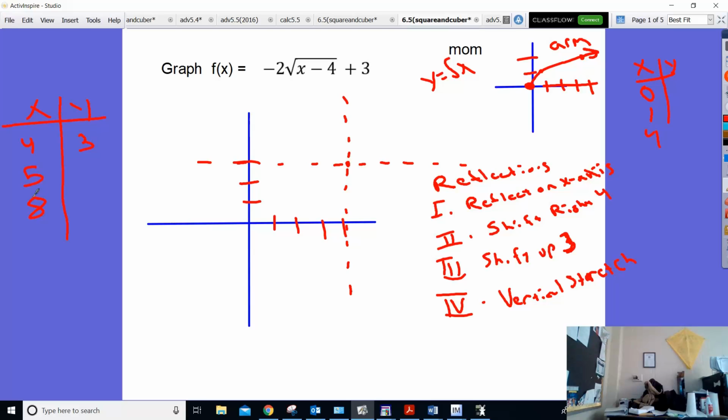So let's plug that 5 in. What's 5 minus 4? 1. Square root of 1 is 1, times the negative 2, negative 2. Add 3. 1.